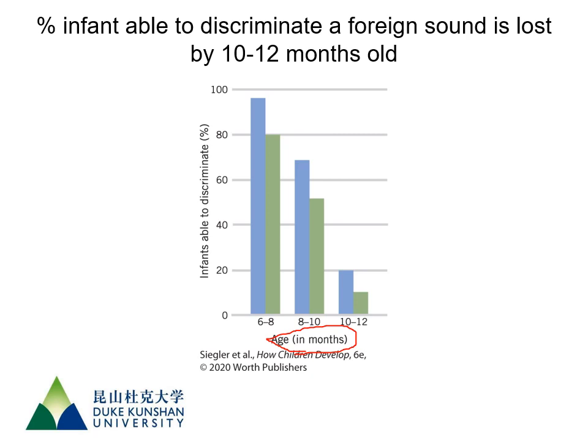But you can see that at 10 to 12 months of age, they were not able to make that discrimination anymore, which means that they have started to hone in on their ability to recognize their native language. This is how your textbook interpreted the data.